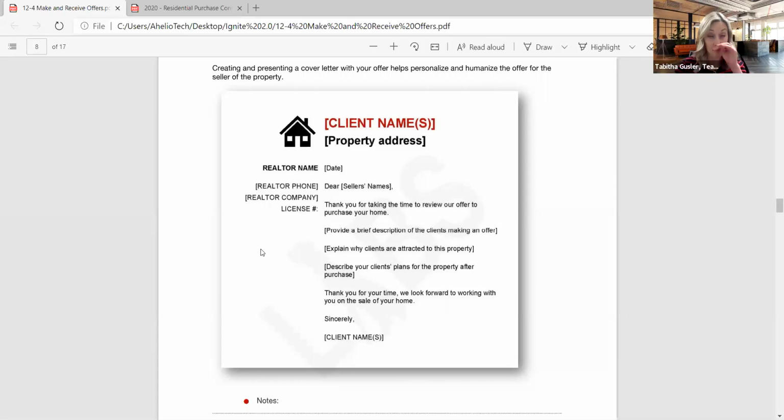So if that is the case for everybody at Capital Partners, please don't use letters there, right? And it is the stance of NAR that letters do run the risk of creating potential fair housing violations.